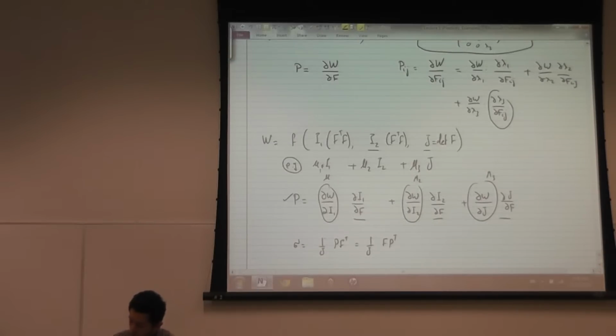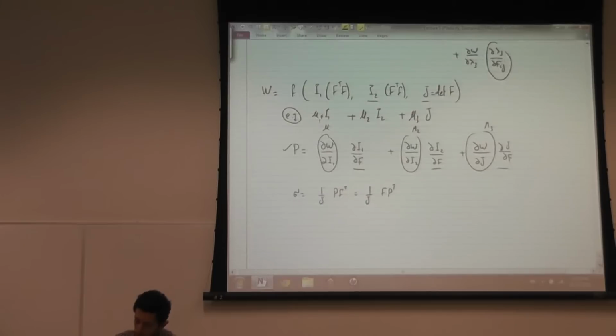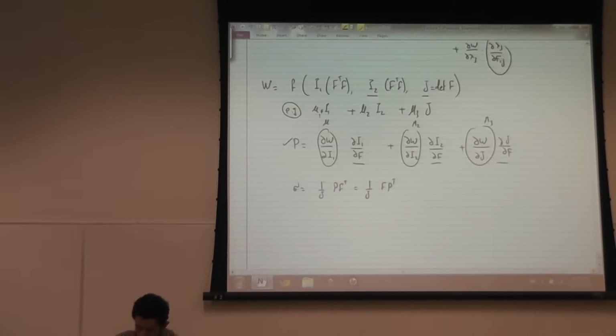So what are all these numbers? I1 of F transpose F, which is equal to lambda 1 squared plus lambda 2 squared plus lambda 3 squared, is actually equal to F_KI F_KI.